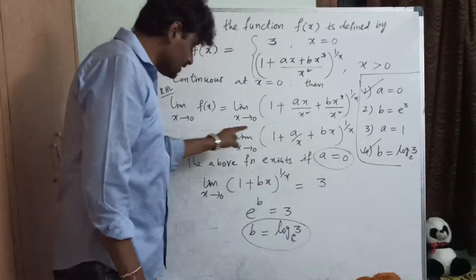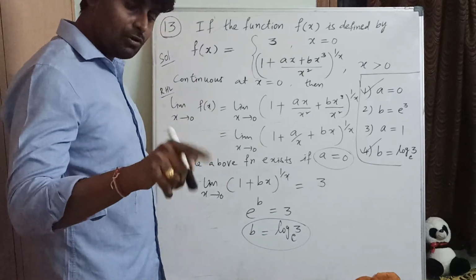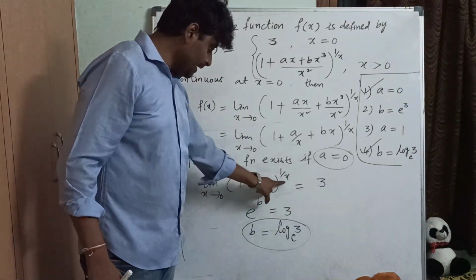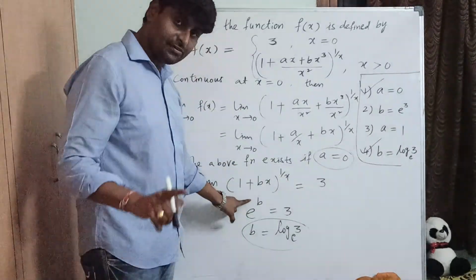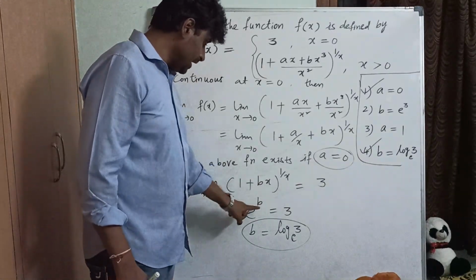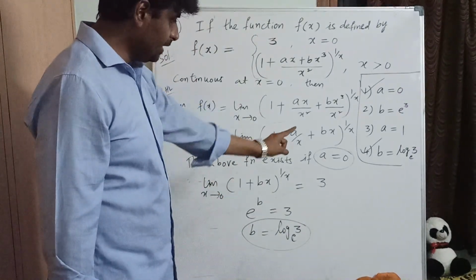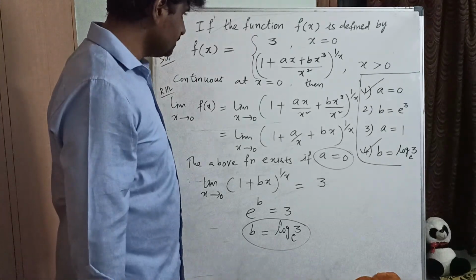And what is the result for this according to the formula? The limit as x tends to 0 of (1 plus bx) whole power 1 by x is e, where the coefficient of x multiplied by 1 by x is written on the power of e. That is the formula we have discussed just now. So e power b into 1, e power b equals 3. From that we will get the value of b. So a value is 0, b value is this. Clear? Hope you understood. Make a note of it.